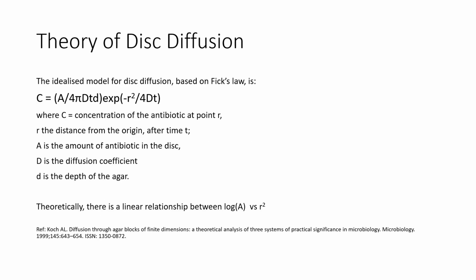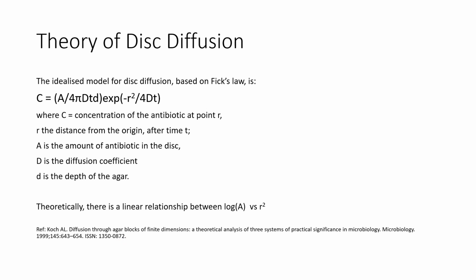I'll just talk briefly about the theory of disc diffusion, and this is described by this equation here. It is based on Fick's law, which quite reasonably states that the rate of diffusion is dependent on the concentration gradient. This equation was published in 1999, so the reference is here.